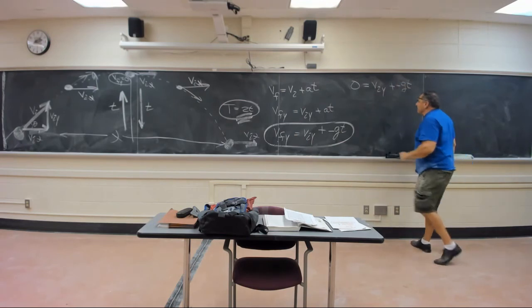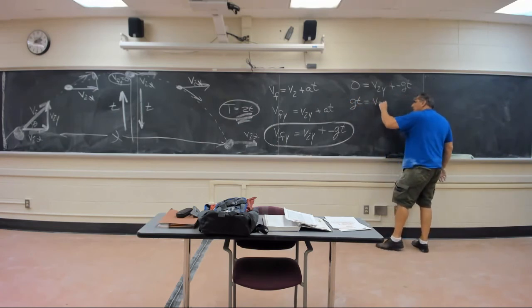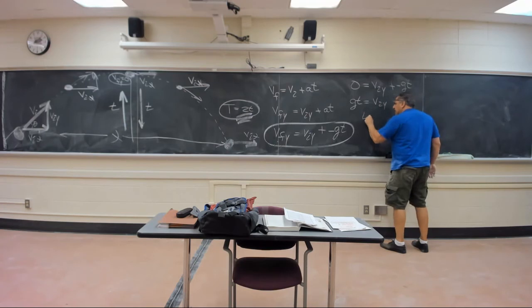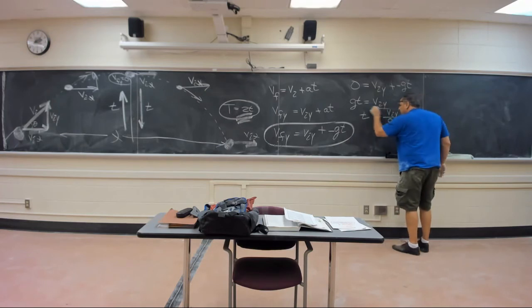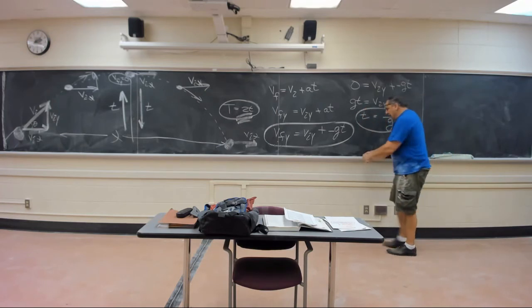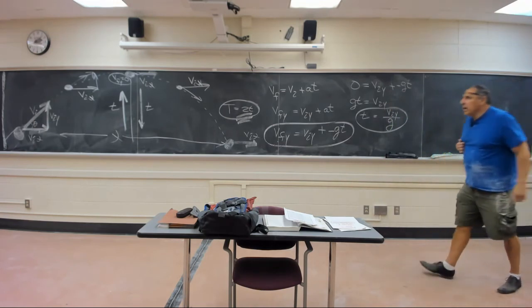Let's add a positive GT on each side. Let's divide by G on each side. We're not done, but this is pretty important. Now what? Can I ask you a question?